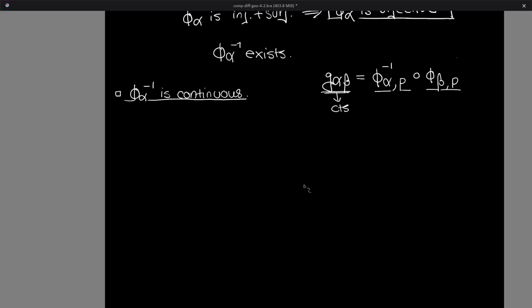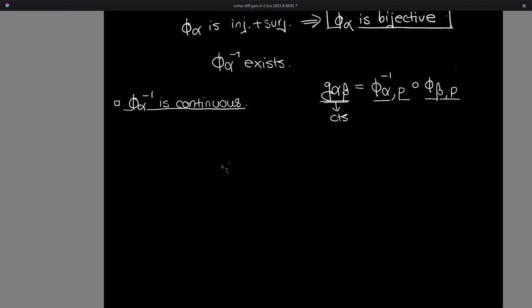Okay, so this is going to be the largest and most involved subproof. So hopefully I can give a good explanation of this. So we want to prove that phi alpha inverse is continuous. Well, what does that mean? So first of all, let's show what phi alpha maps. Phi alpha maps U alpha cross F to pi inverse of U alpha.